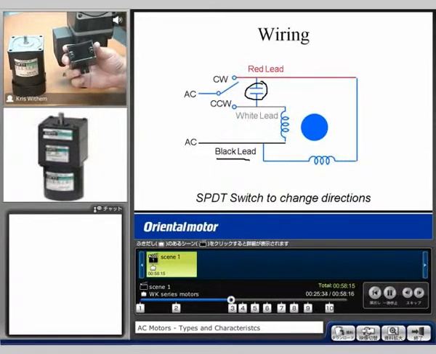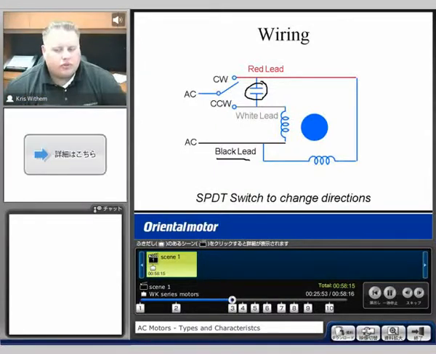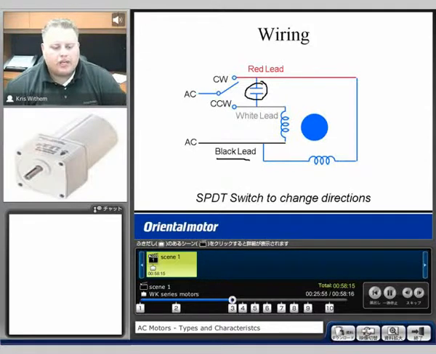Red would give, in this example, a clockwise rotation, whereas white would give a counterclockwise rotation. Okay. A standard switch that you can get in most hardware stores or any type of electrical supply stores, any of those will be able to help change the directions.